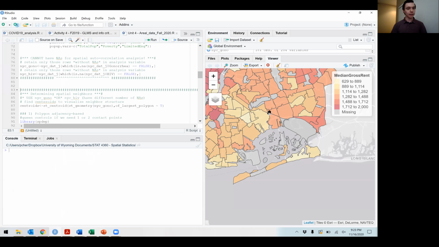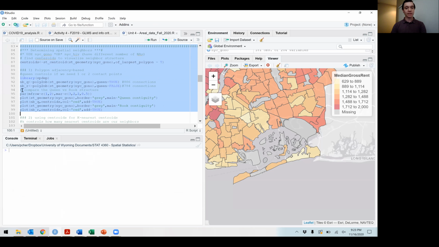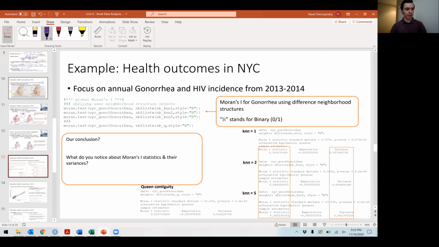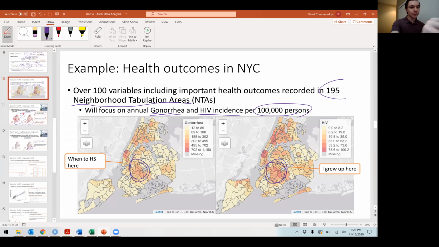So let me flip back into R. I'm trying to compute the Moran's I coefficient. I'm trying to determine if my gonorrhea incidence, so the map on the left, is significantly spatially clustered.